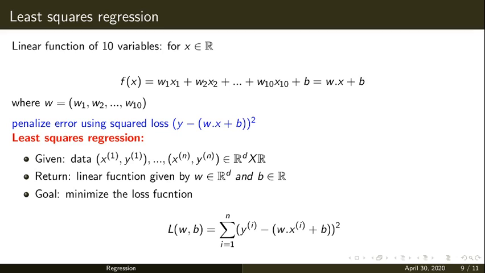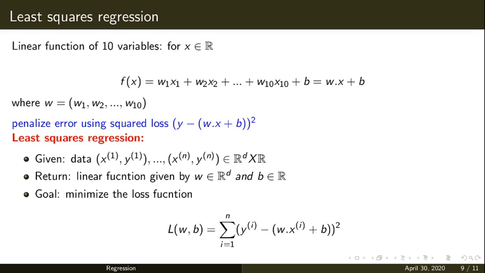The least square regression is defined like this: given data x1, y1, x2, y2, etc., xn, yn, where x is d-dimensional and y is one dimensional, this data belongs to R d cross R. What we would like to find is w, which is a d-dimensional vector, and b, a real value. The goal is to minimize this loss function, yi minus w dot xi plus b, the whole square.